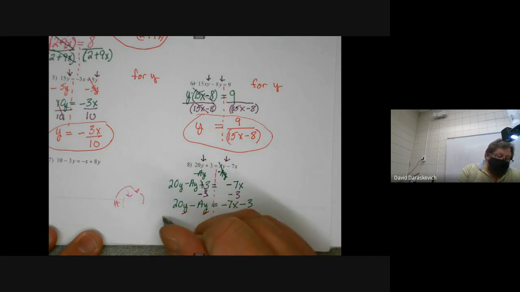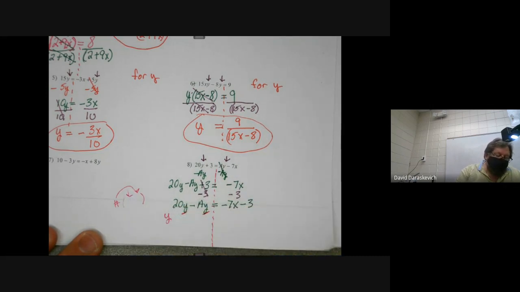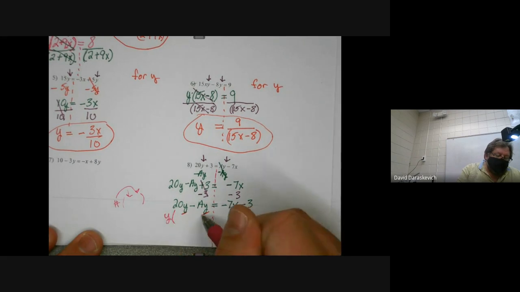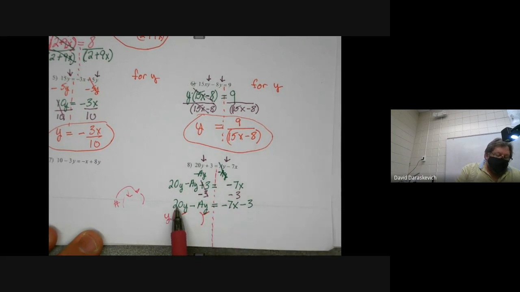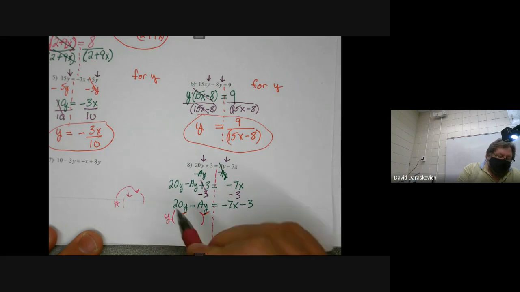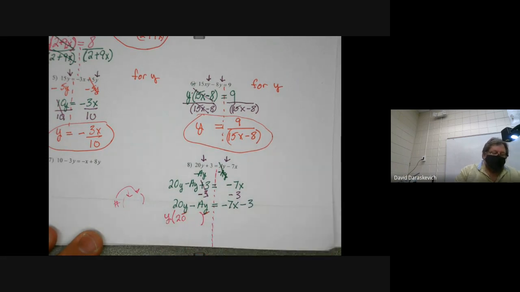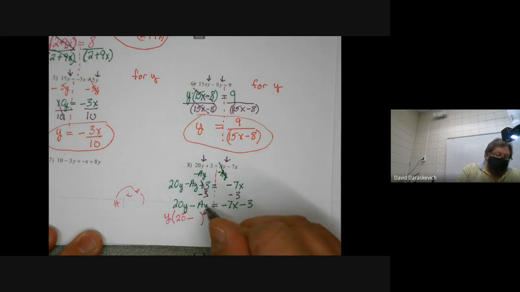So I'm actually going to take that y out, and I'm going to divide 20y by y. That gives me 20 minus ay divided by y. Well, that y's cancel, and I get my a.